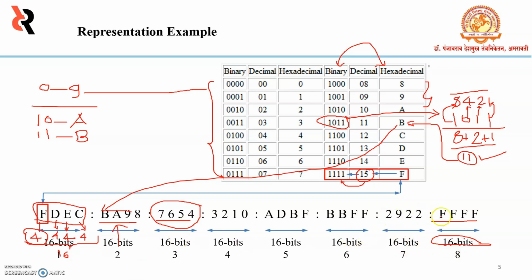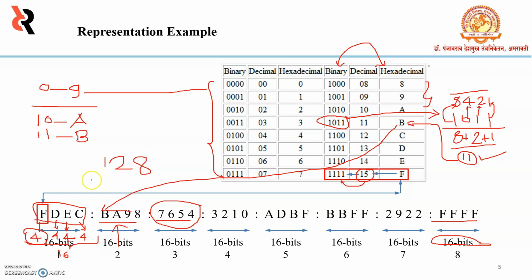You know that FF means 1111, again 1111, that is 8, 1111, 12, then the last 1111 is 16. So all hex states are 16 bits, and 16 times the total number of blocks, 8, is equal to 128.